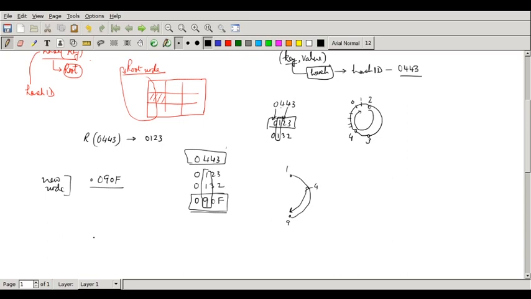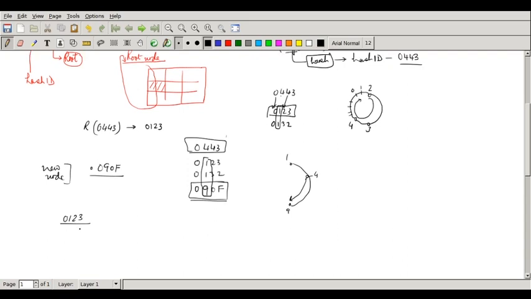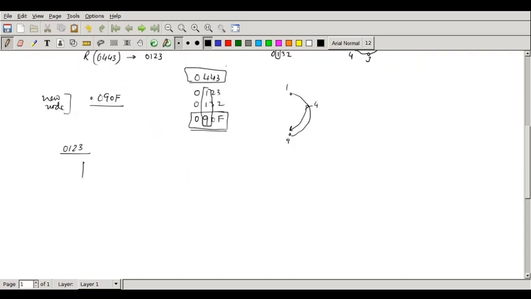So is the routing table for 0123 changing? 0123 was originally the root node. Let's look at that. The routing table for 0123 will look something like this. There will be 3 rows and 4 columns.